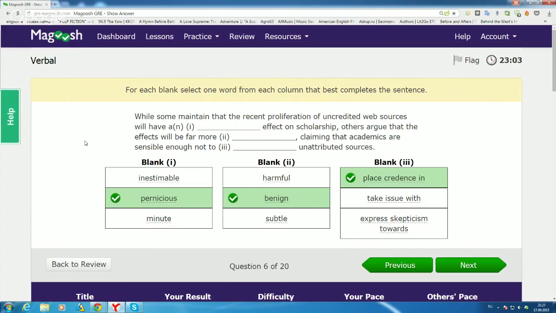Maintain means to support, to encourage something. Okay, very good. While some encourage or support the recent proliferation of uncredited web sources.